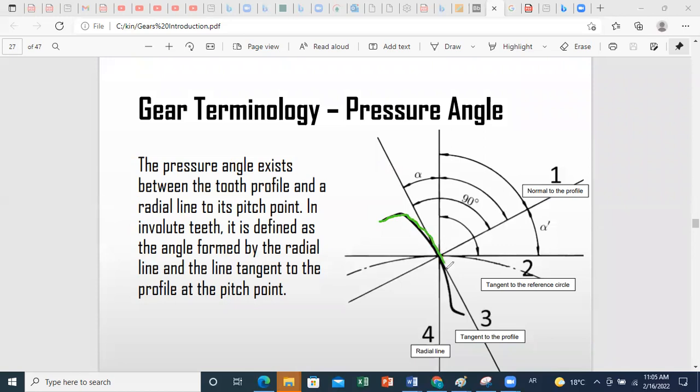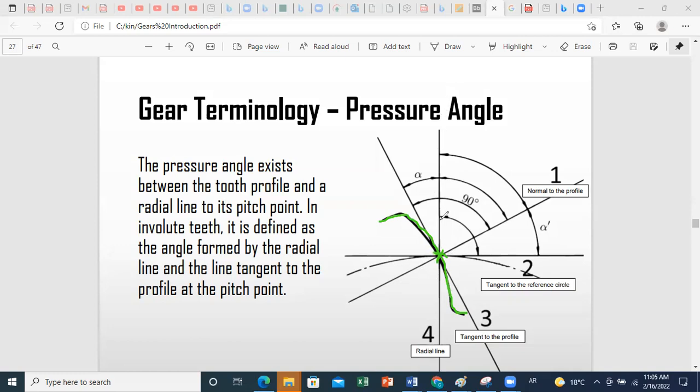So as you can see here, whenever you have a contact between two teeth, you will be able to define, as we have seen last time, a contact point on the radial line joining the centers. This is a point on the pitch circle, defined as the point of contact between teeth lying on the lines joining centers.